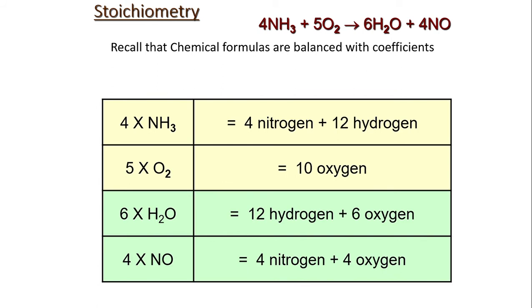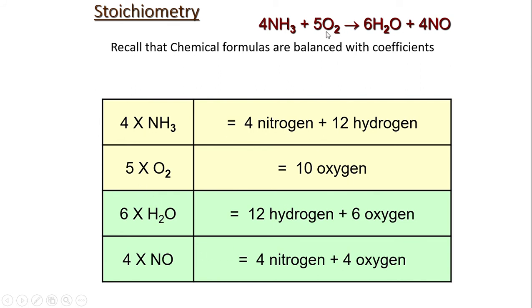So recall that chemical formulas are balanced with coefficients. So first we need to make sure that the reaction in our chemical equation is balanced. As you can see, we have here 4 nitrogen and 12 hydrogen in the reactant side, and in the products also we have 12 hydrogen.